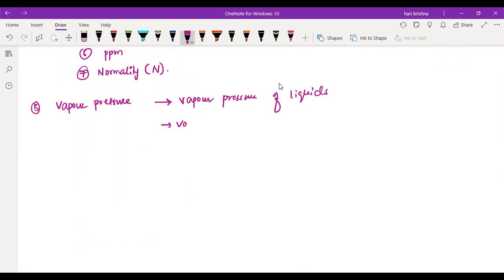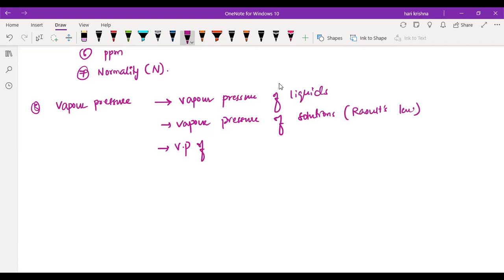Next, vapor pressure of solutions, that is only Raoult's law.